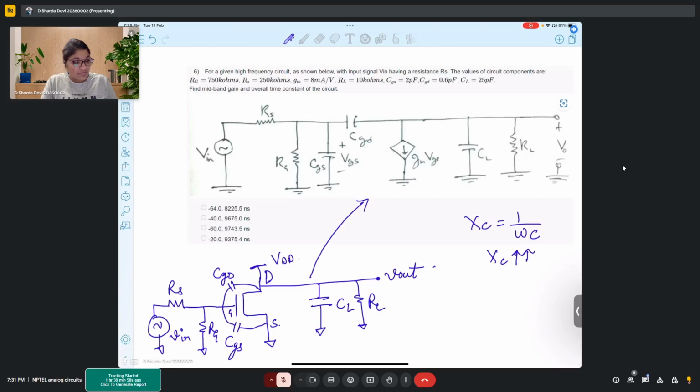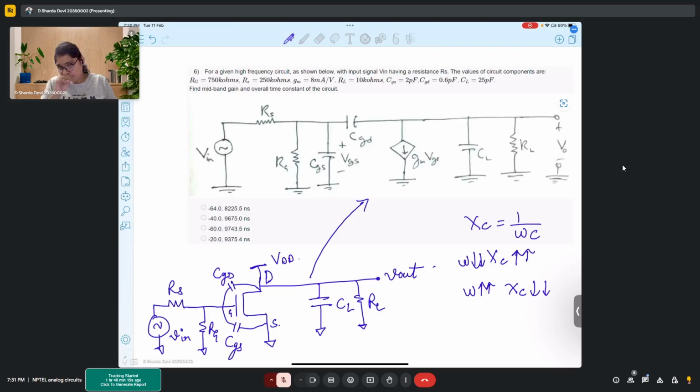Whereas when your omega is high, your Xc is low, and you actually start seeing the behaviors of these capacitors as they are in parallel with the resistors.